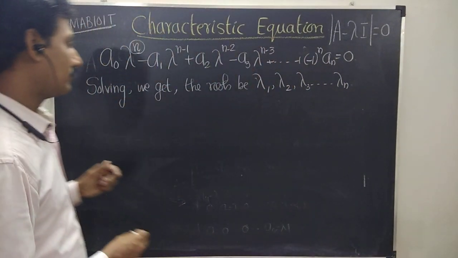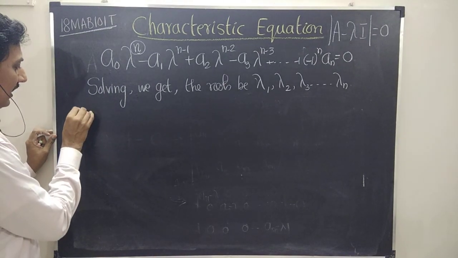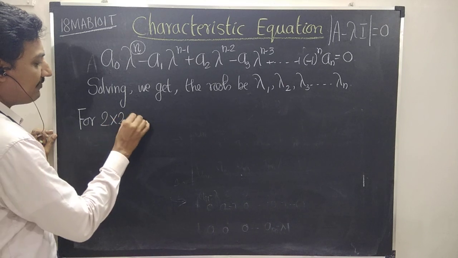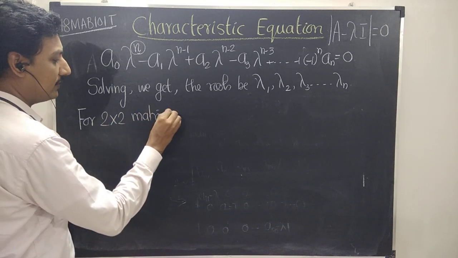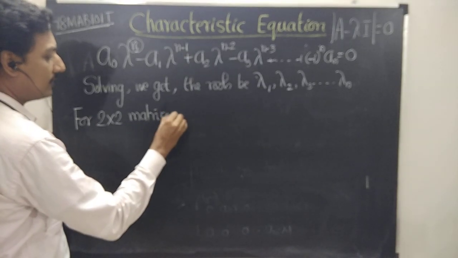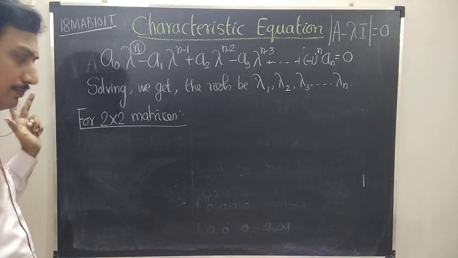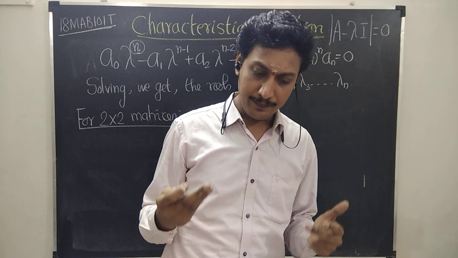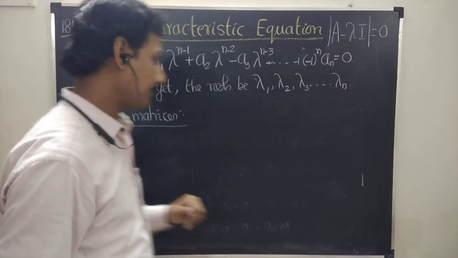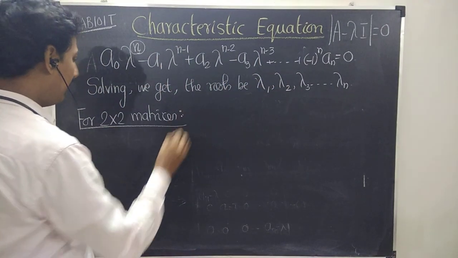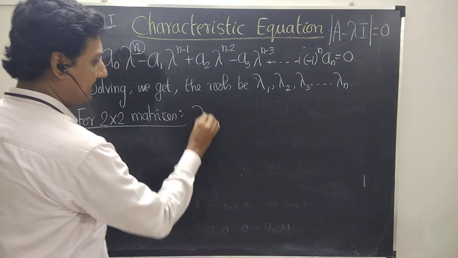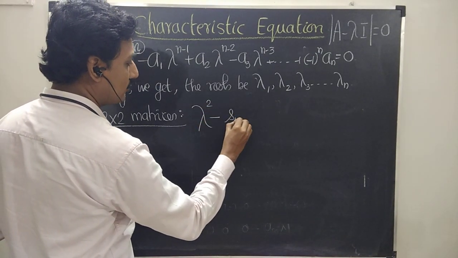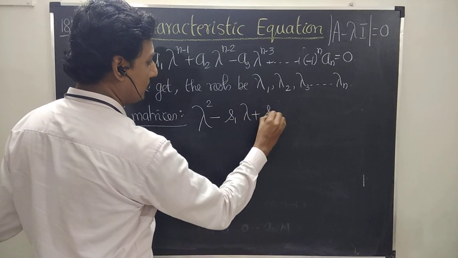Now, suppose I have a 2 by 2 matrix. What will be the characteristic equation? Very simple. What about a0, a1, a2, a3 and so on? They are all constants. For the 2 by 2 matrix, it is lambda squared minus S1 lambda plus S2 equal to 0.